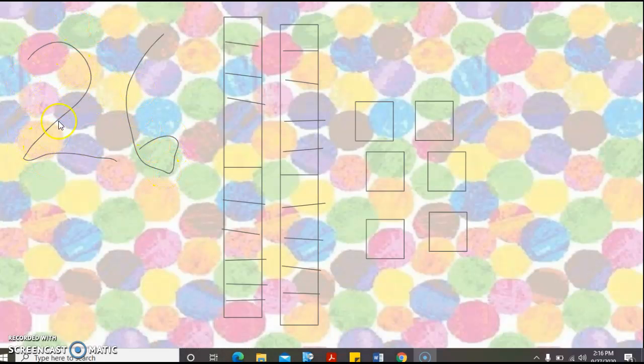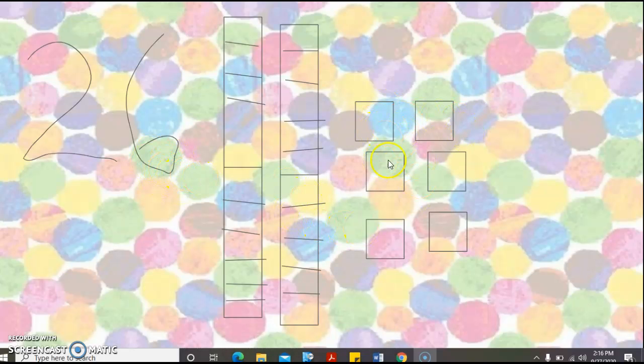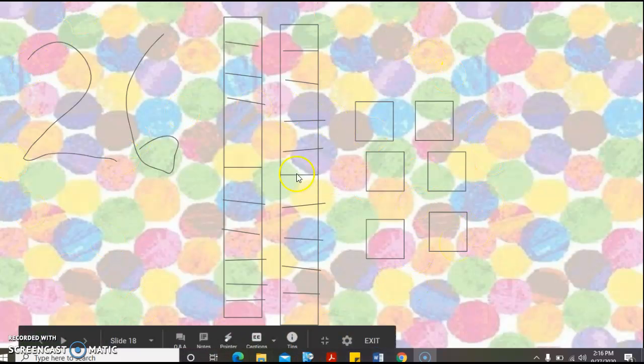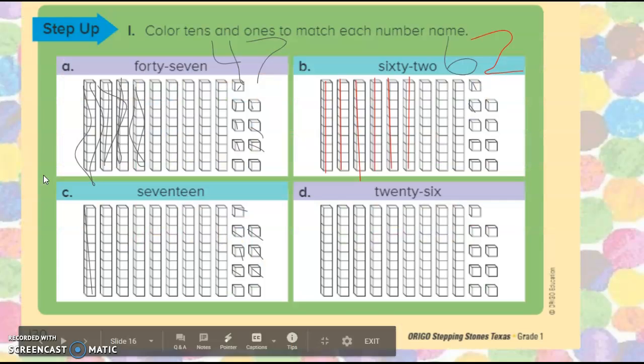So my 2 means I have 2 rods, since I have a 2 in the tens position, so that's my 2 rods that I drew. I have a 6 in the ones, that means I'm going to draw 6 units to represent my ones. So this is what your answer should look like. Now if we go back, we're going to color in exactly as what we drew. So we would color in the first 2 rods, and then 6 of our units right here.